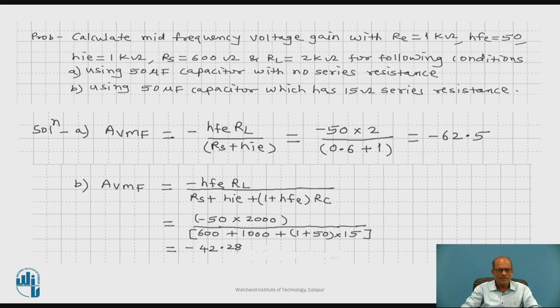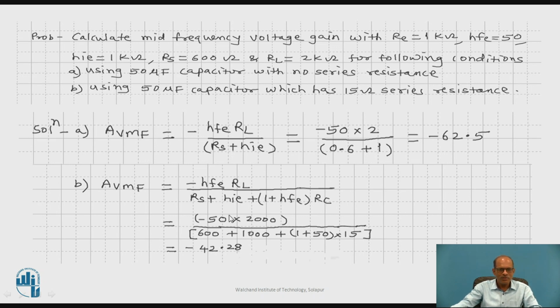And part B, the mid frequency voltage gain is given by minus hfe RL upon RS plus hie plus, so this term is additional due to the series resistance of a capacitor. So that is 1 plus hfe into RC, where RC is the series resistance of the capacitor.